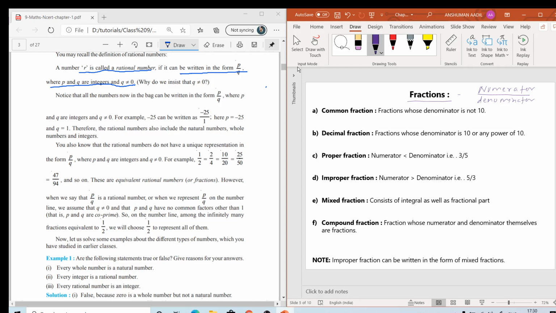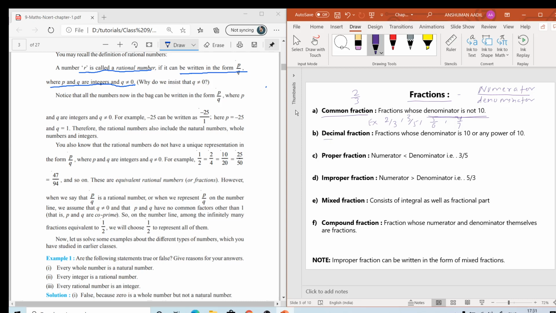This will make a fraction like 2 by 3. So what are common fractions? Common fractions are those where the denominator is not equal to 10. You can take examples like 2 by 3, 3 by 5, 5 by 6, 4 by 7. Like this we can take many examples, and these are called common fractions.